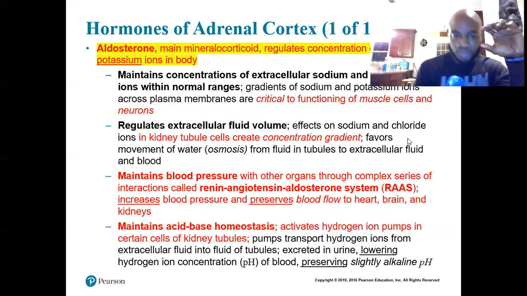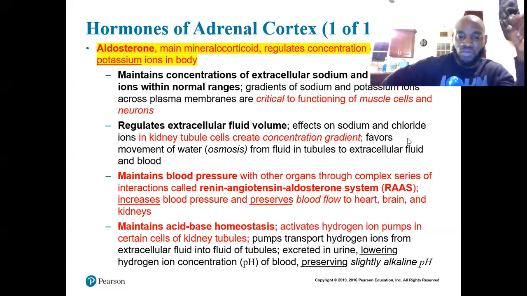And so the aldosterone will affect the kidneys, which can control how much water stays in your body or is excreted from your body. Right, helps maintain blood pressure. This is also in relation to the kidneys. If we add fluid, your blood pressure goes up.